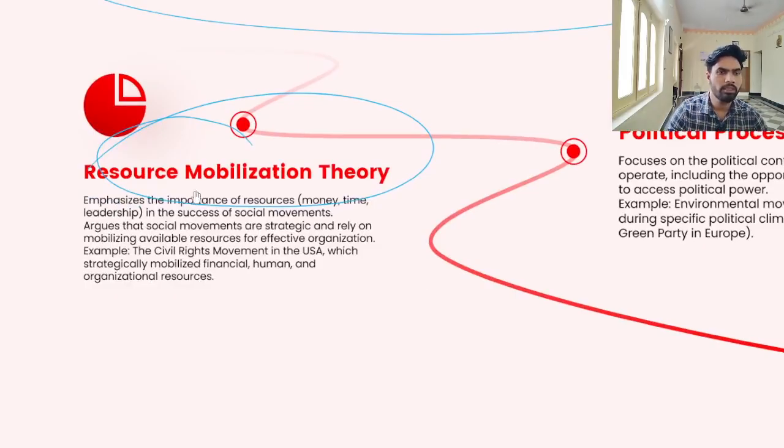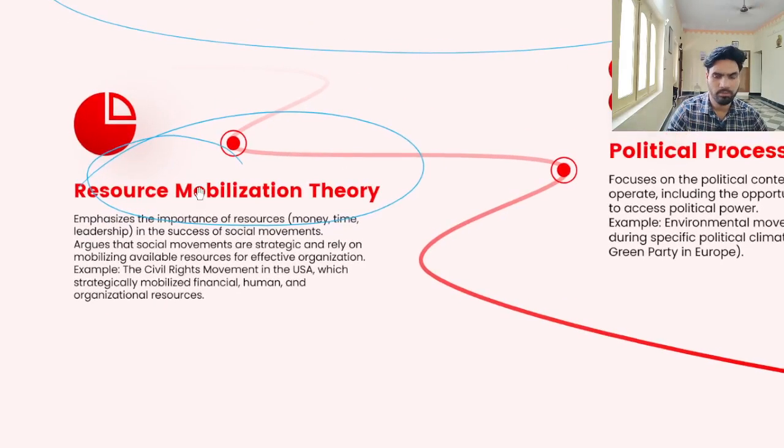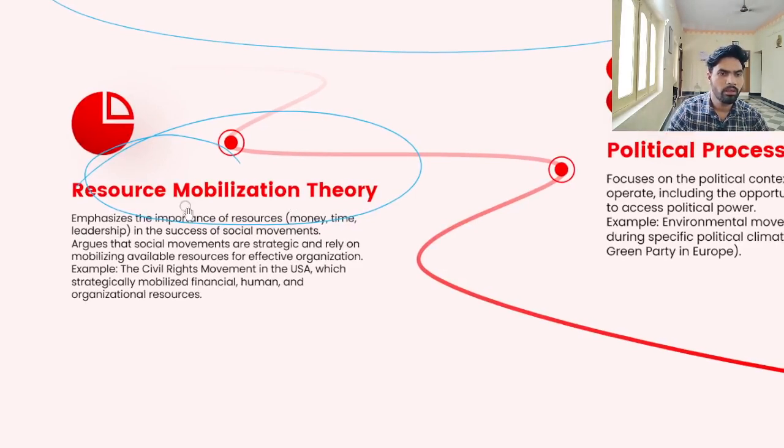Right. The theory emphasizes the importance of resources, money, time, leadership in the success of social movements. Resource mobilization theory emphasizes the importance of resources like money, time, and leadership in the success of social movements.